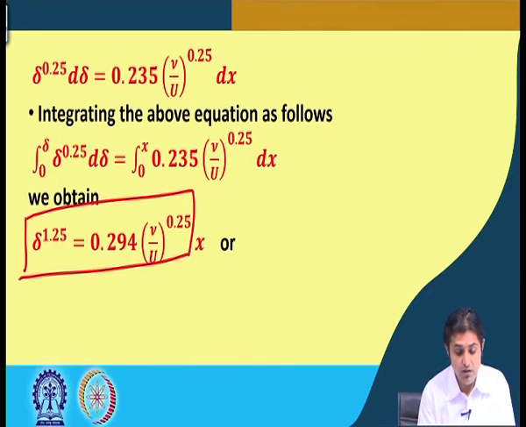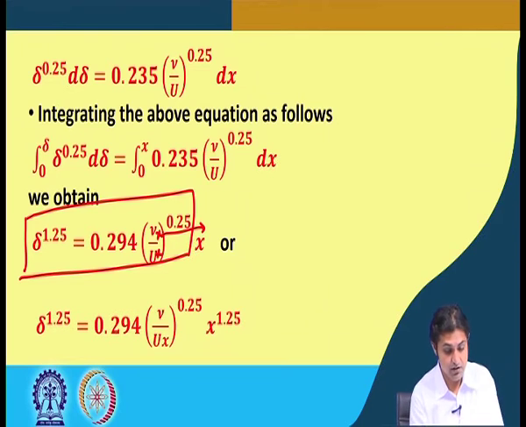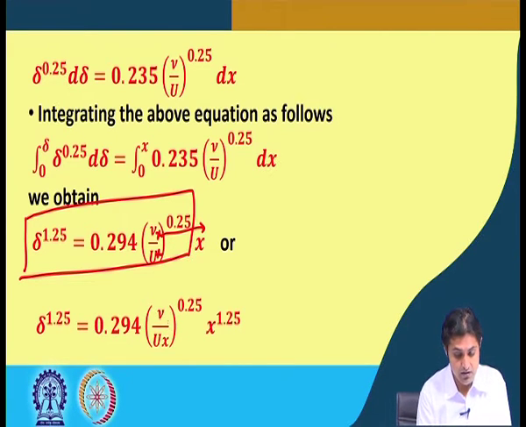Or if we multiply by x here and x here as well and take it out, we can actually write this x becomes x to the power 1.25, okay, and this is Reynolds number.